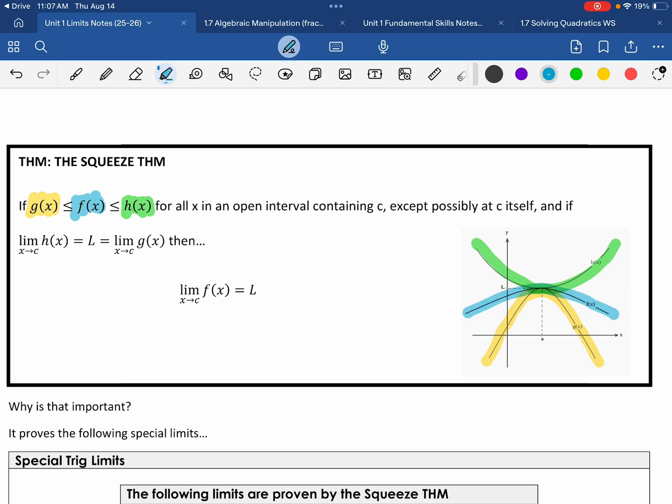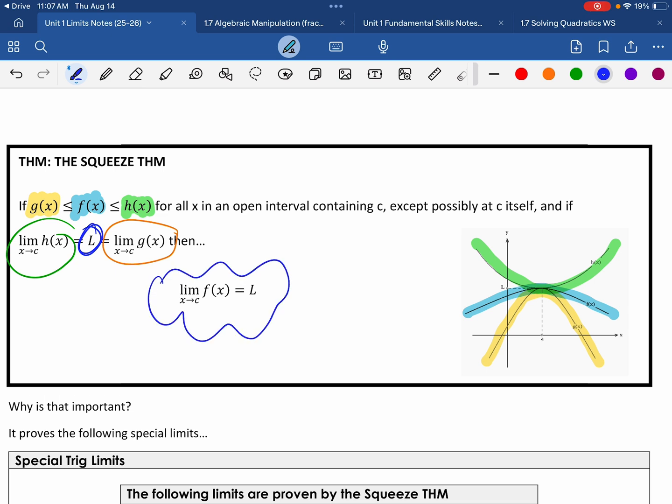And so what squeeze theorem is telling me is that if the limit of the small function and the limit of the bigger function both equal the same thing, it will squeeze the middle function, and the middle function will also have the same limit.